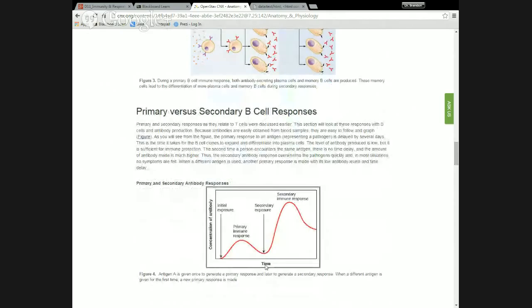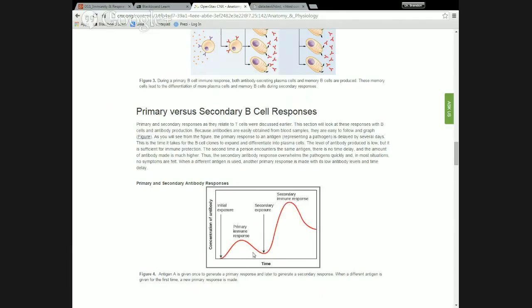So the next time you're exposed to the same antigen, you have an immunological memory of it, and you can immediately start producing antibodies, and the level of antibodies reaches the equivalent of the primary response very quickly, and it continues making more to a much higher level.